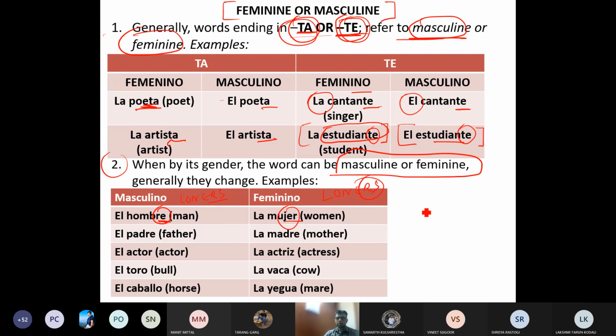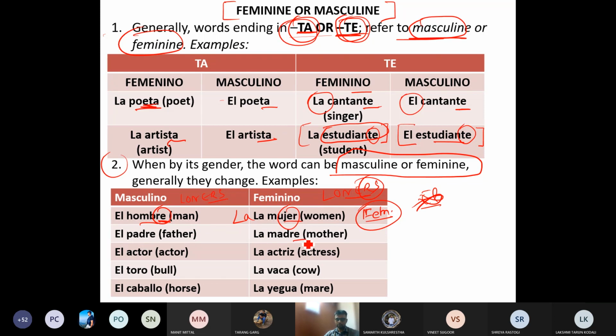So in that case, you could have said why don't we use el mujer, but it is not possible, because mujer is always a feminine noun. So you have to use only la, you cannot use el in this. So you cannot apply the -r rule in these types of nouns. Biologically it is defined, so you have to use accordingly. So el hombre, la mujer.